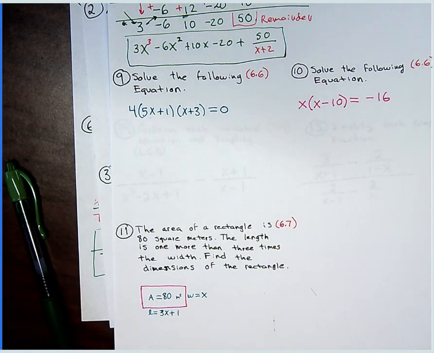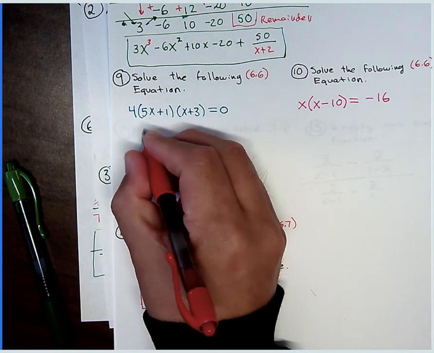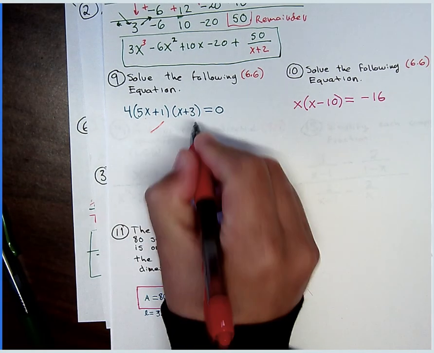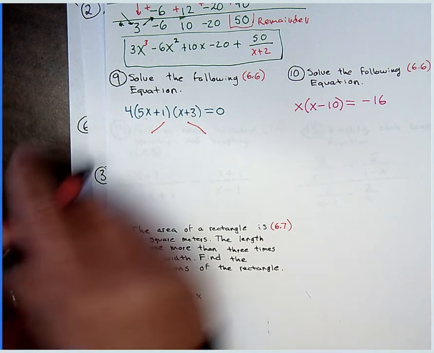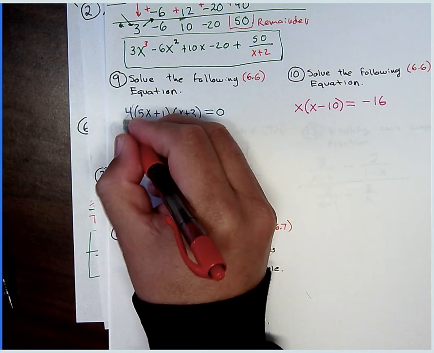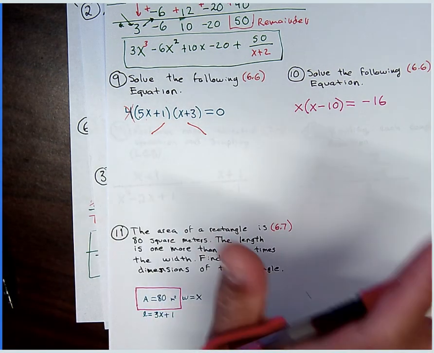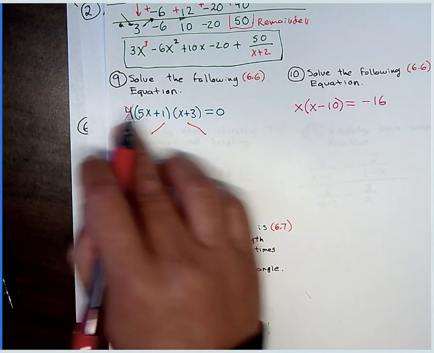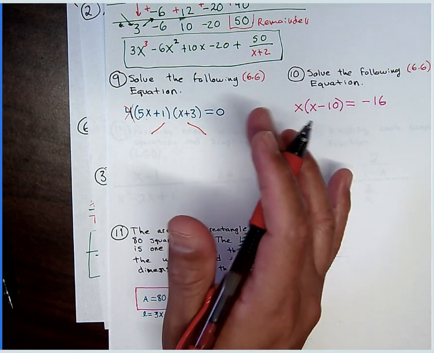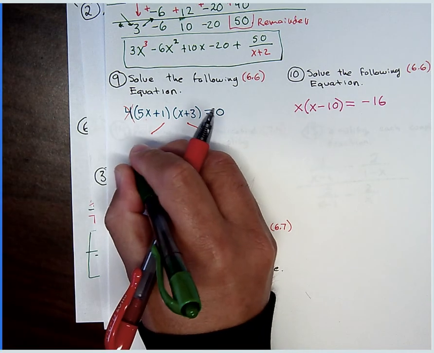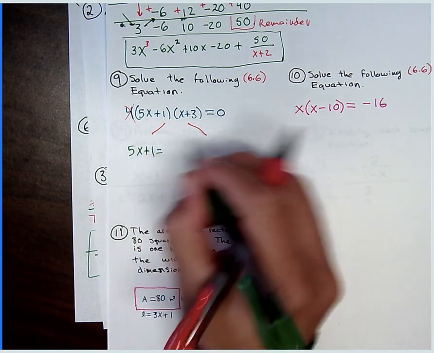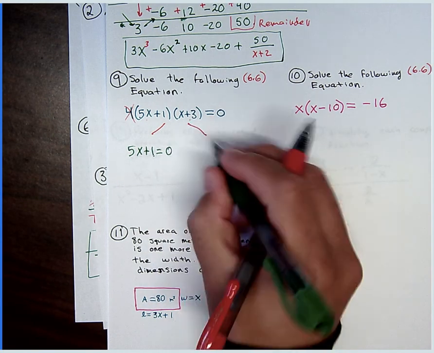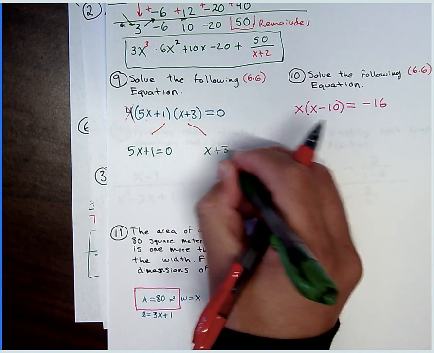So let's split this into two different equations. The 4, if it doesn't have a letter, you don't really need it, because 4 equals 0 is a false statement, so you don't use that one. So 5x plus 1 equals 0, and then you do this one, x plus 3 equals 0.